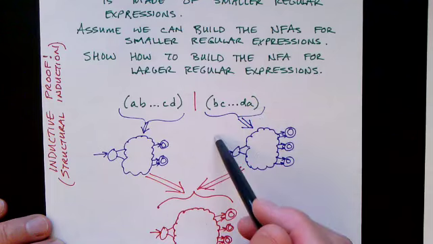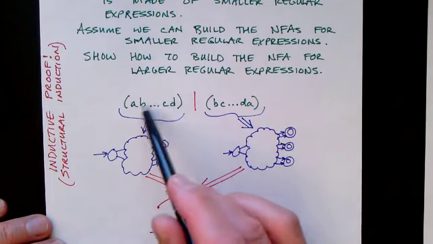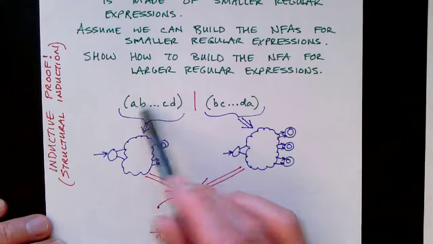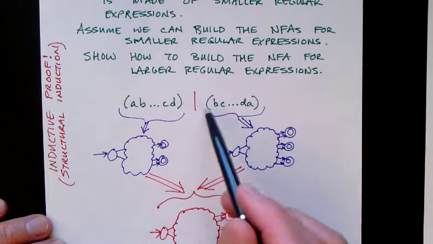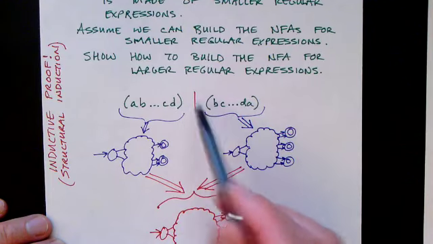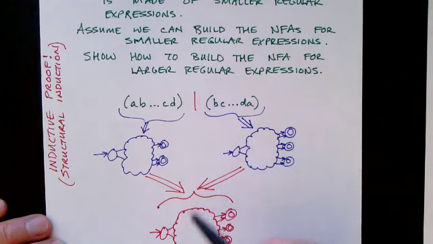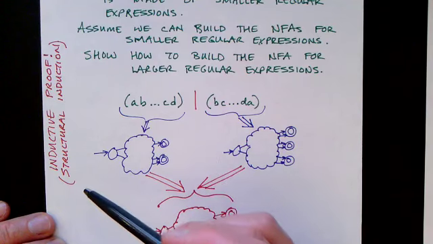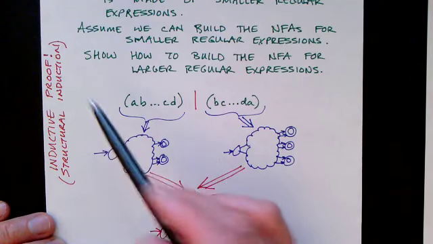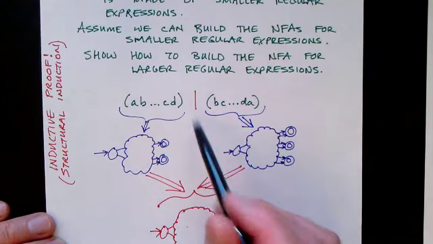In this case, we show how to do it for the smallest regular expressions, and then, assuming it can be done for smaller regular expressions, we show how we can build a non-deterministic finite state machine for larger expressions. So this is an example of a structural induction on the structure of the regular expression.